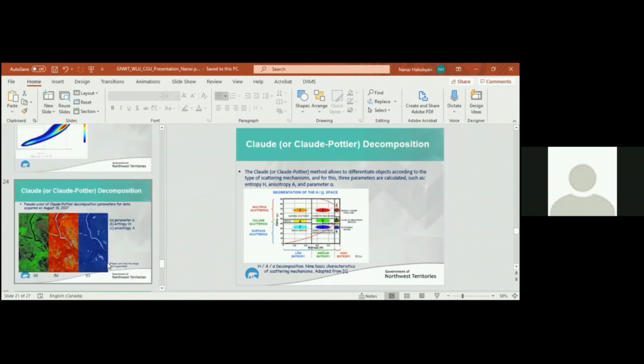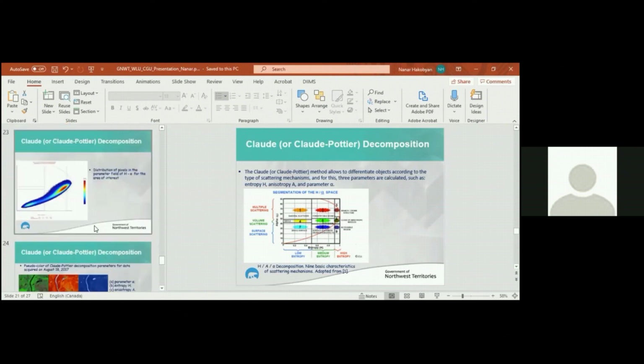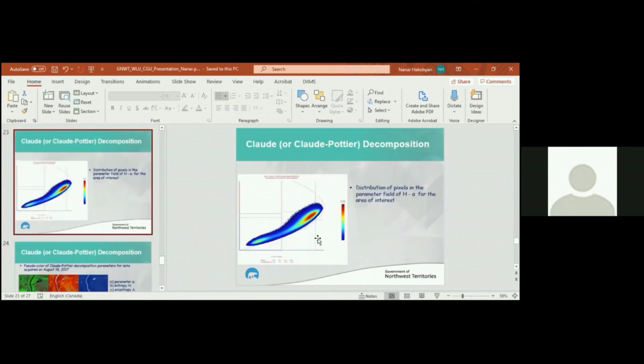So this is the actual distribution of pixels in a parameter field of H-alpha for the area of interest of Scotty Creek region. This shows how much we have water or moisture on the ground, or a dry area, or just vegetation.